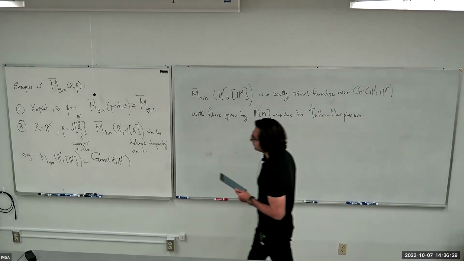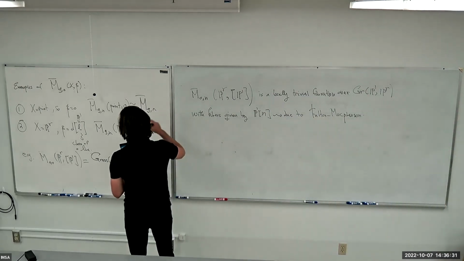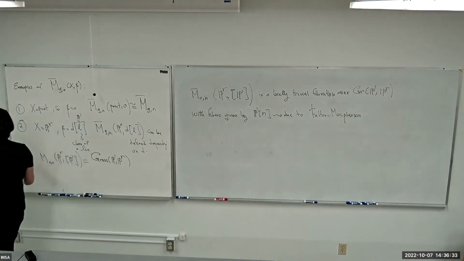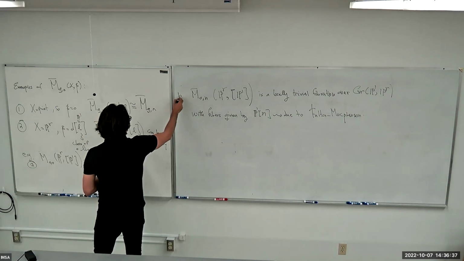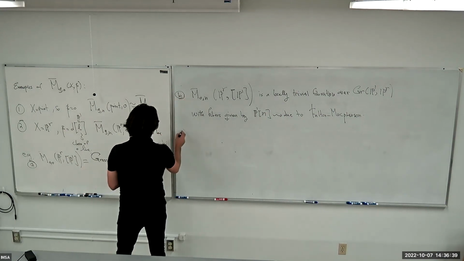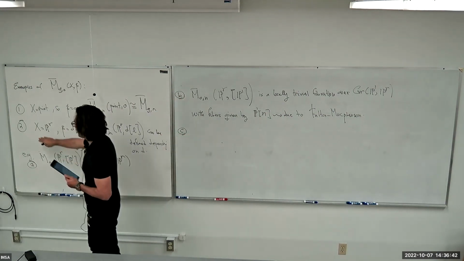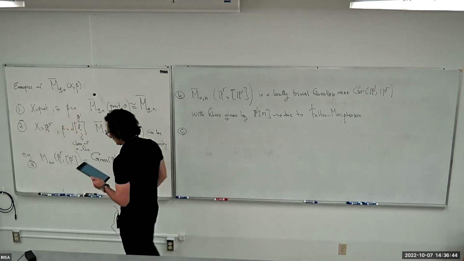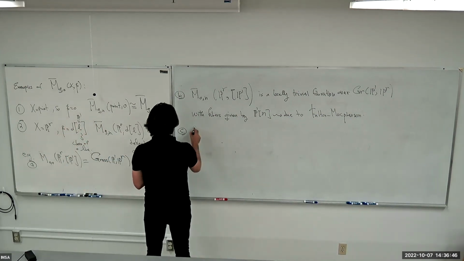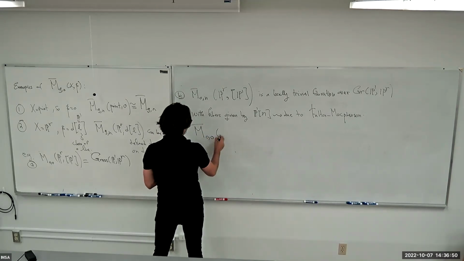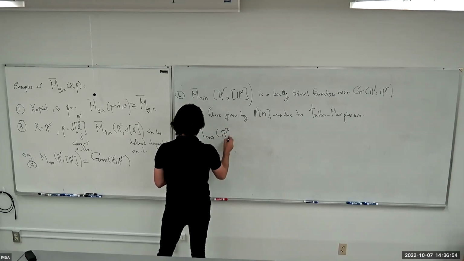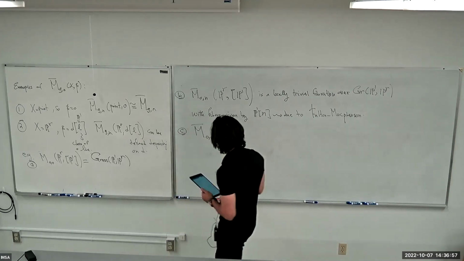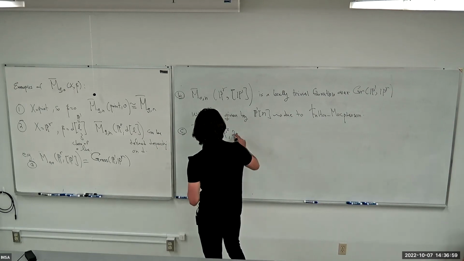Another example, this was example A, example B, another example C of this same thing for projective space. We can have M bar 0,0 of P2 with 2 times the class of P1.